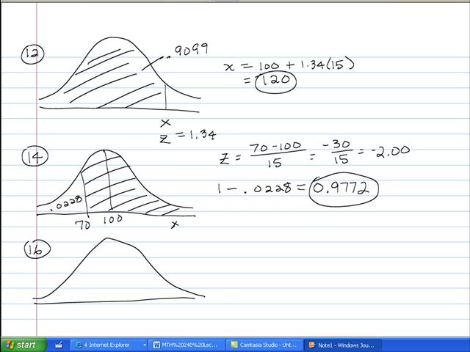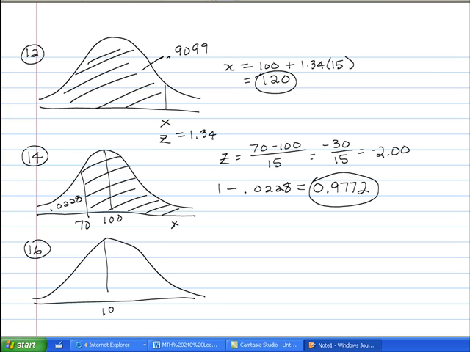And let's turn the page to number 16. Find the probability that a randomly selected student has an IQ between 110 and 120. These are bright normal. So there's 100. And that's the area we're looking for. So again, we need to find two z-scores this time.